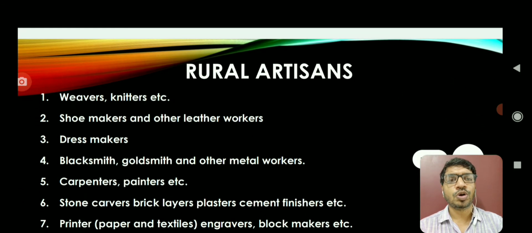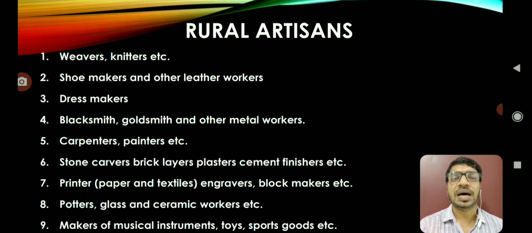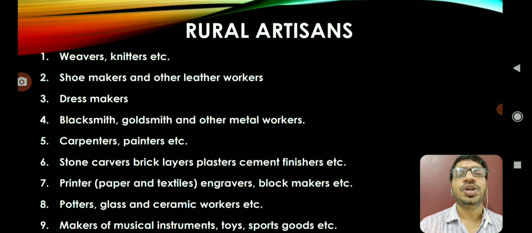So what are those occupations? First one is weavers, knitters, etc. will come under this artisan section. Second one is shoemakers and other leather workers also come in this category.